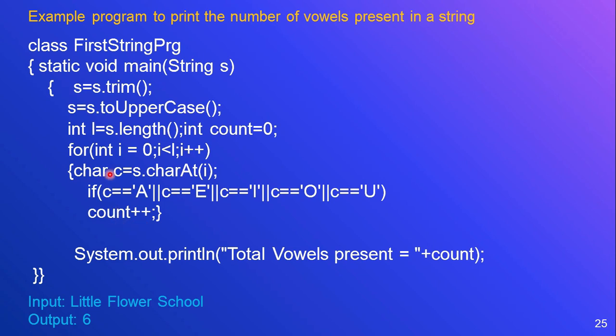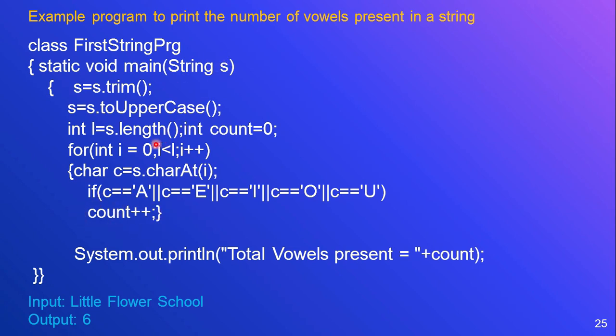Again the loop is continuing. The value of i will increment once, that means 3. Now char c is equal to s dot charAt(i), which means the third position. Which character is present? B is present. B will be checked for A, E, I, O, U, and you will get false as the answer here. So there won't be any increment in the counter.